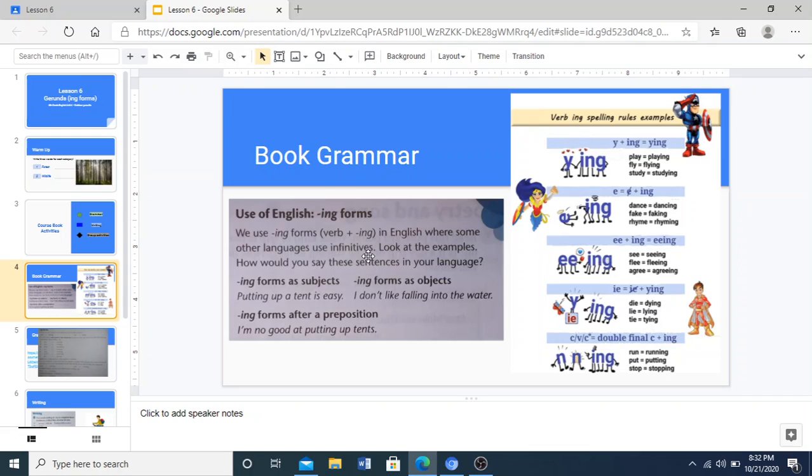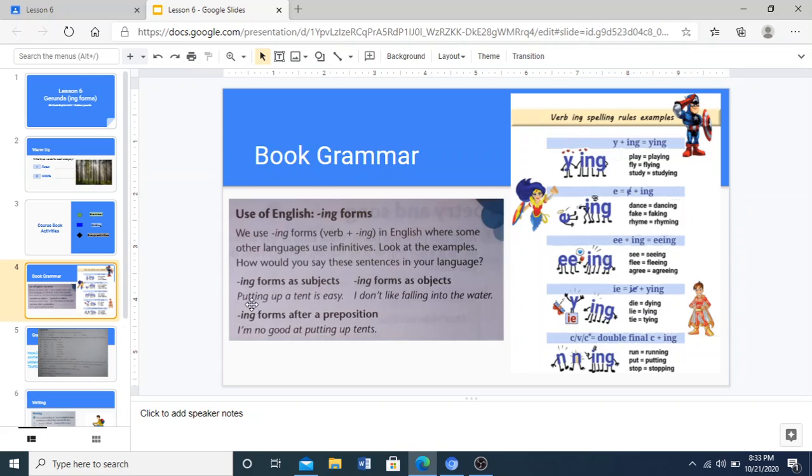Okay? So, look at the examples. How would you say these sentences in your language? Ing forms as subject. Putting up a tent is easy. As you can see here, the word putting is an ing form.